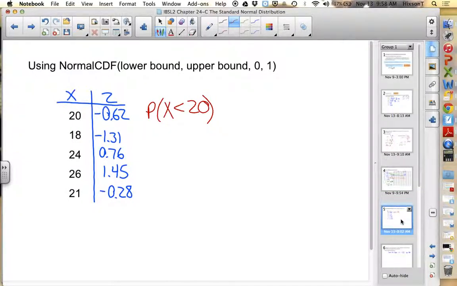We could use this and plug in 21.8 and 2.9, and the upper bound would be 20, and the lower bound, in this case, 0 would be a good lower bound.